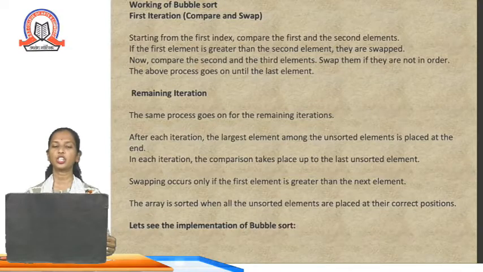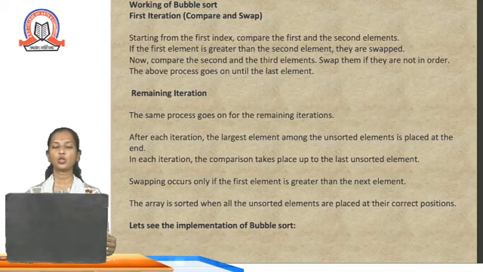In each iteration the comparison takes place up to the last unsorted element. Swapping occurs only if the first element is greater than the next. This statement also one has to take into consideration, that swapping occurs only if the first element is greater than the next element.